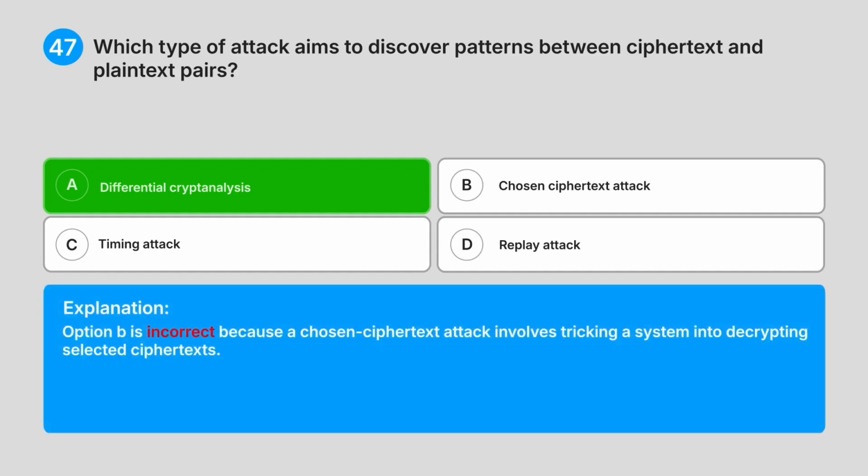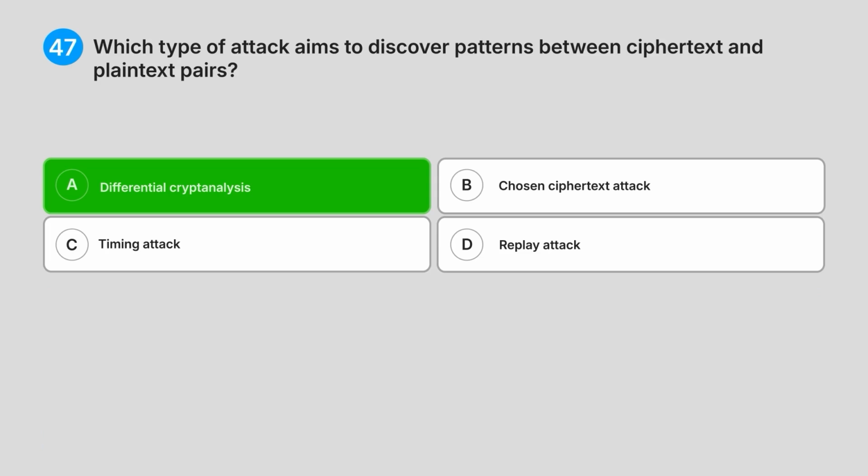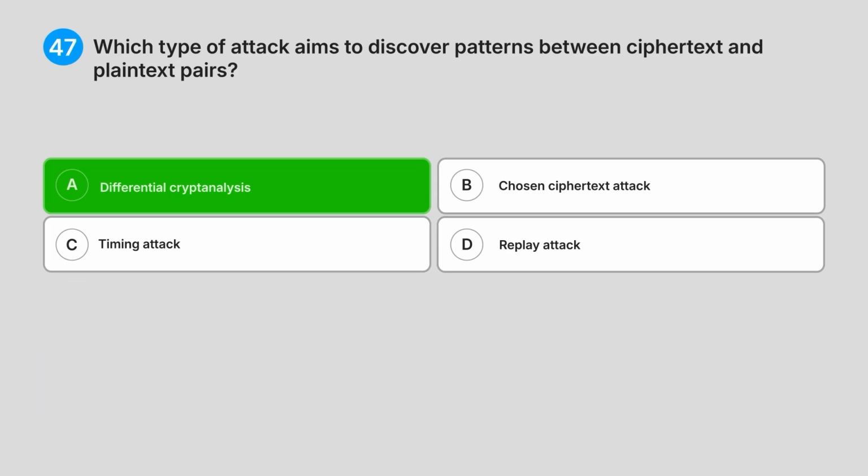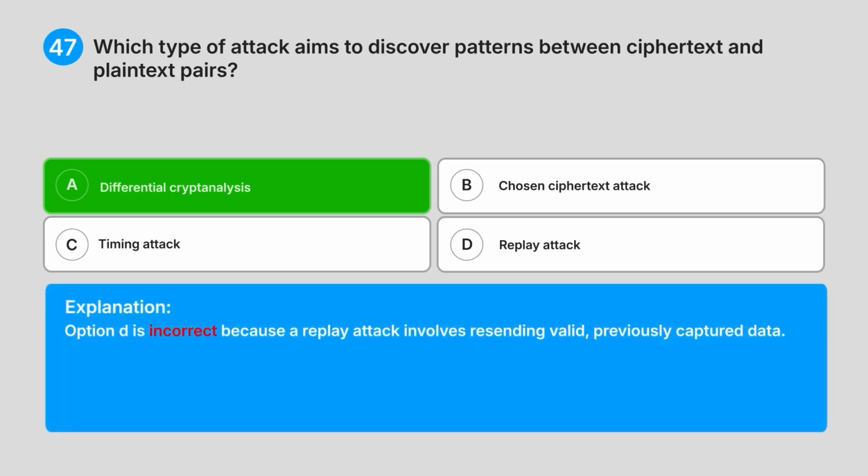Option B is incorrect because a chosen ciphertext attack involves tricking a system into decrypting selected ciphertexts. Option C is incorrect because a timing attack is a side-channel attack that measures the time taken for cryptographic computations. Option D is incorrect because a replay attack involves resending valid, previously captured data.